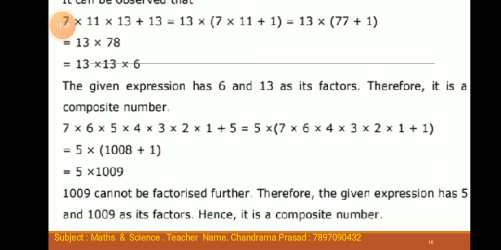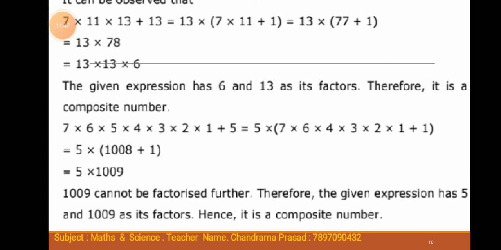Now, the next number, 7 into 6 into 5 into 4 into 3 into 2 into 1 plus 5. Taking 5 as a common factor, this can be written as 5 into 7 into 6 into 4 into 3 into 2 into 1 plus 1.